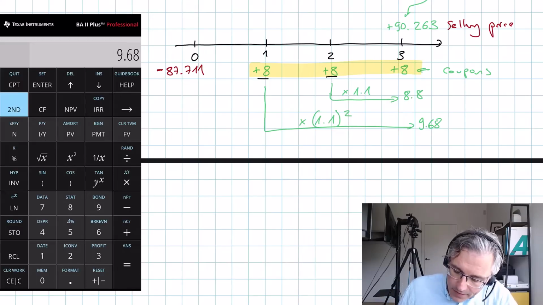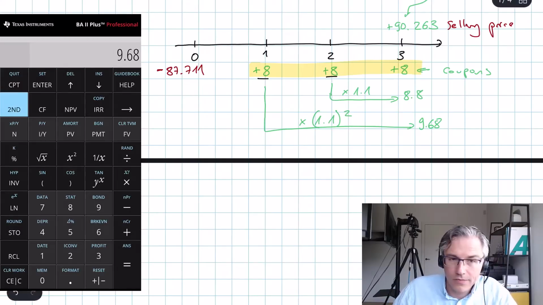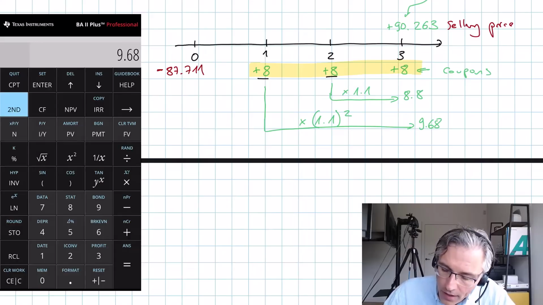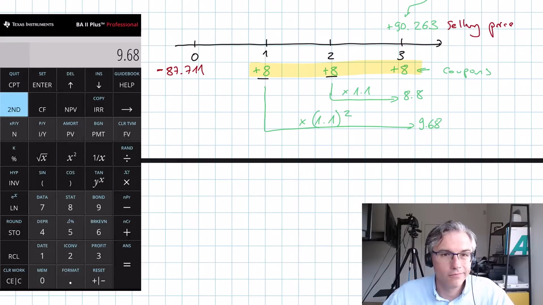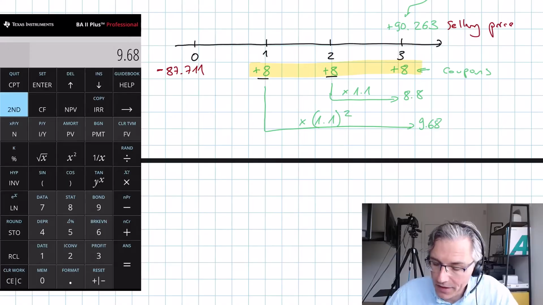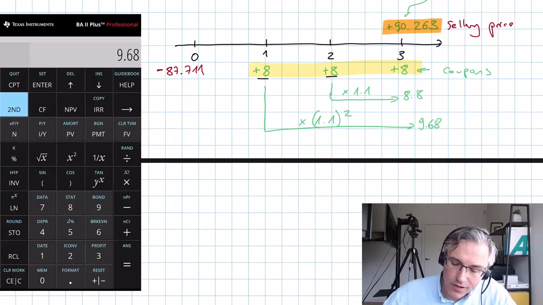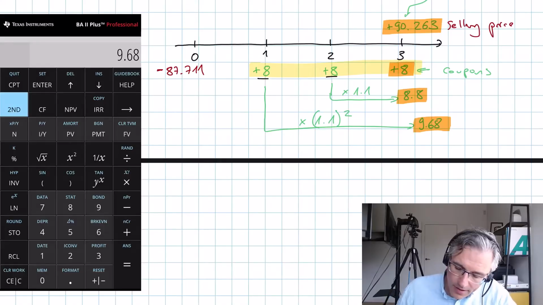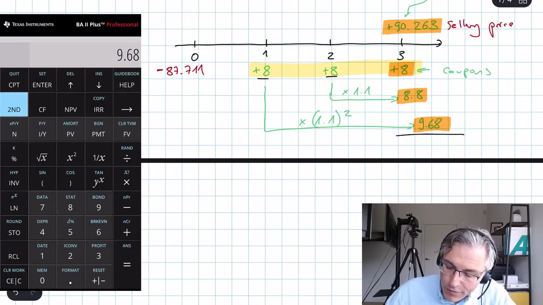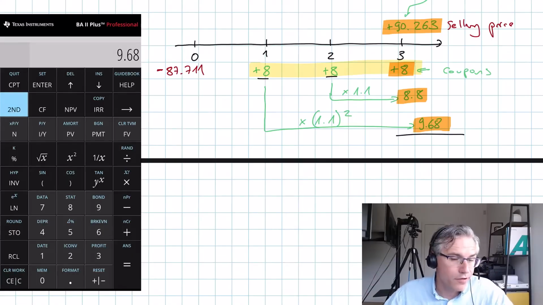So effectively, at the end of the third year, what you have are the following items of value. First of all, you sell the bond for 90.263, you get the final coupon, and you can liquidate your reinvestments of the prior year's coupons.